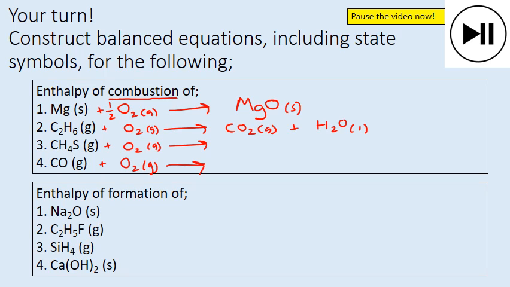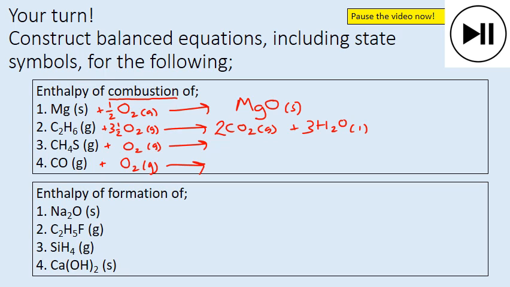However, because it must be the standard enthalpy of combustion, it must be standard state, that must be a liquid. Is it balanced? No, I need a 2 here. I need to put the 3 here. So the carbons and the hydrogens are balanced. Time to balance the oxygens. I've got 4 from CO2 and 3, so that's 7. So I need 3.5 O2. That's balanced.